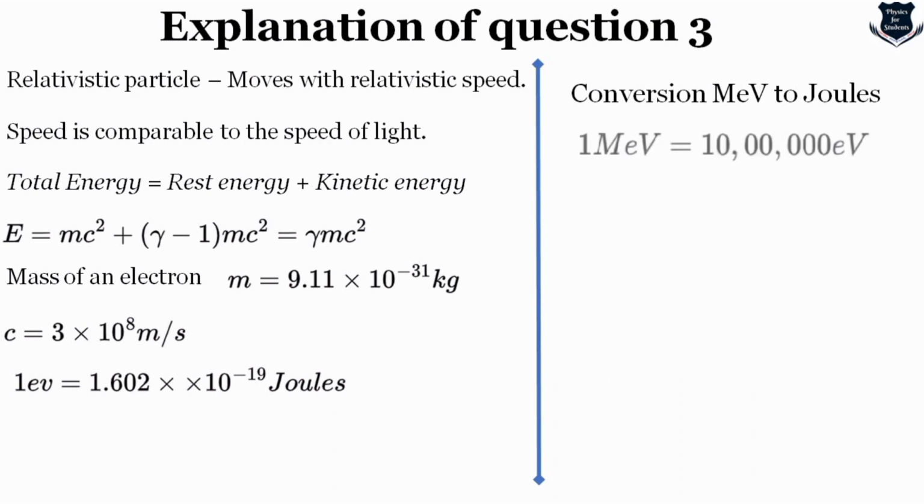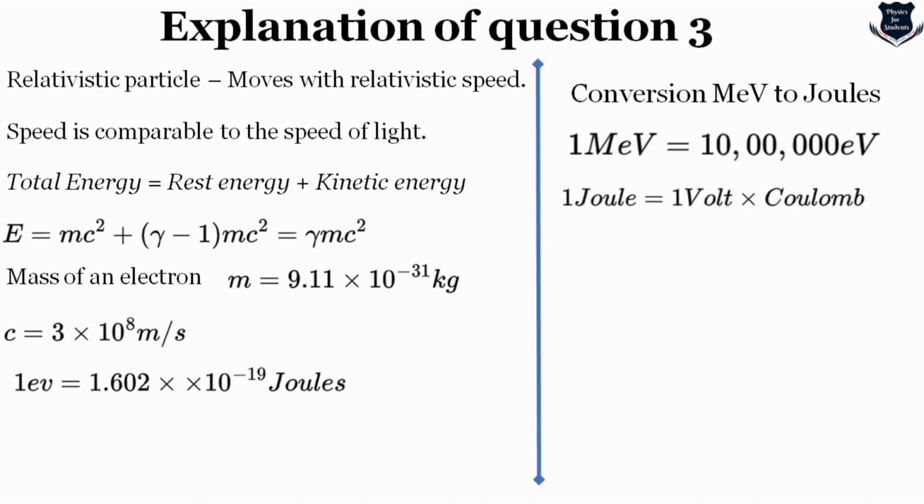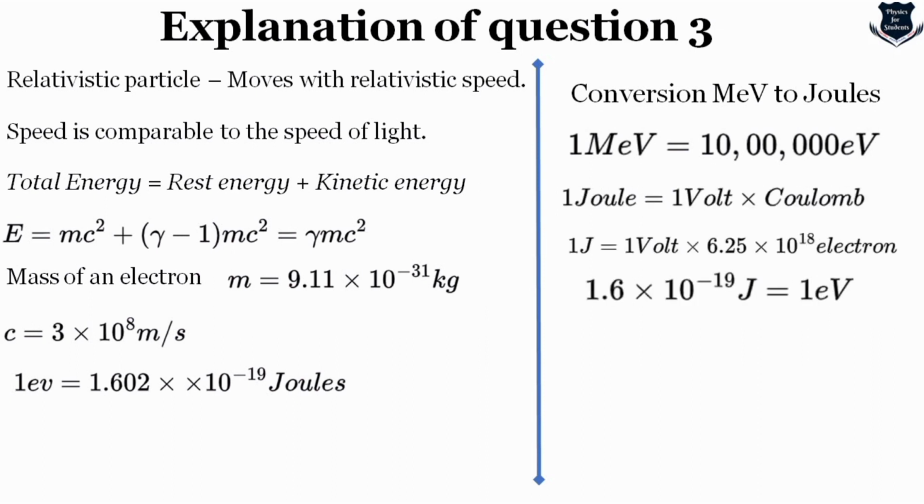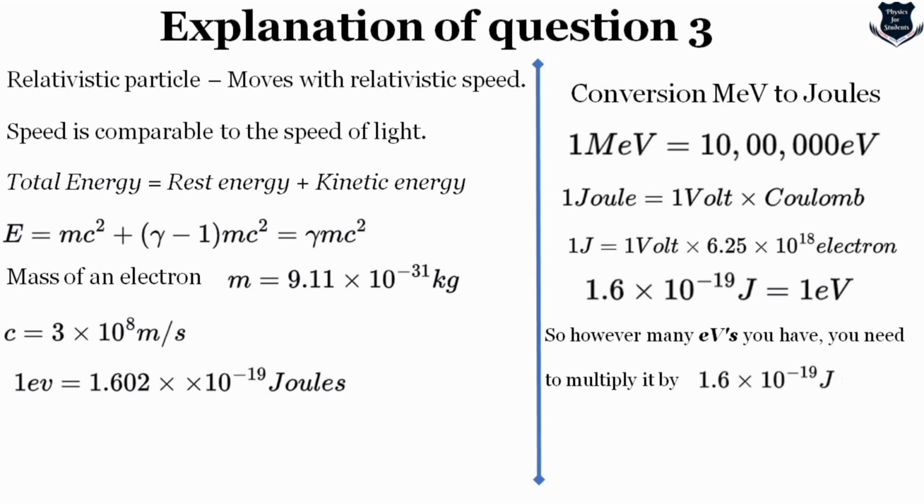So given the conversion, 1 MeV equals 1,000,000 electron volts. Now 1 joule equals this, and from here we calculate that 1 electron volt equals 1.6 times 10 to the minus 19 joules. That means however many electron volts we have, we just need to multiply by this. So 2, 3, whatever.